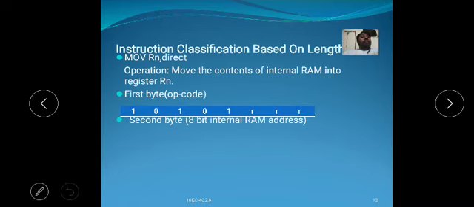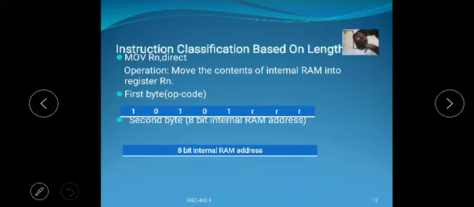Here is another example. MOV Rn, direct. The operation is to move the content of internal RAM into the register Rn. The data is in a RAM location.